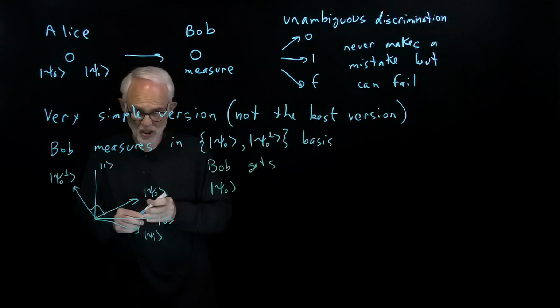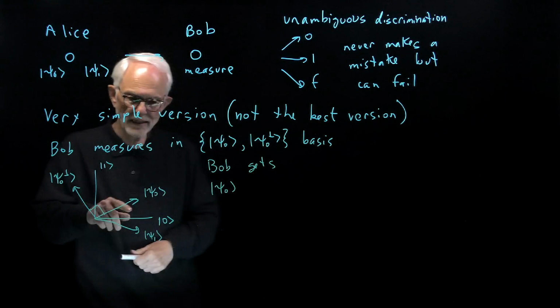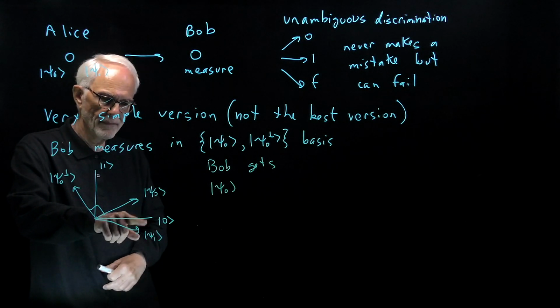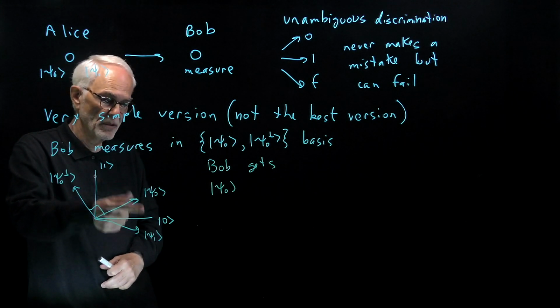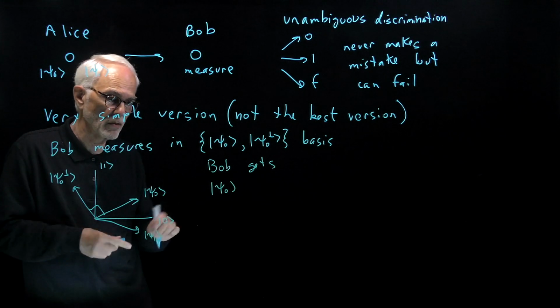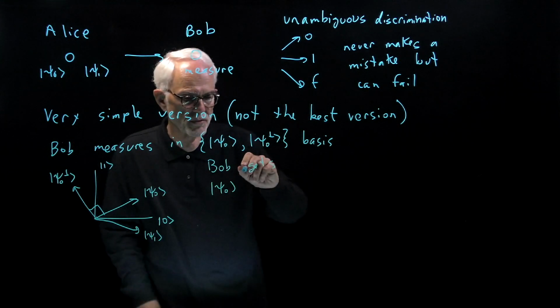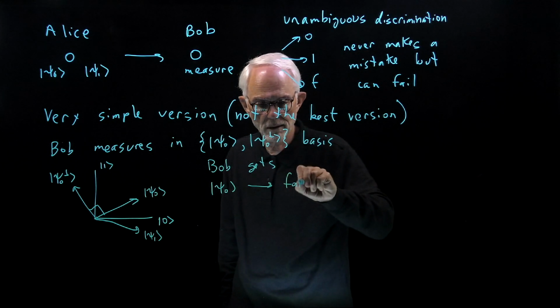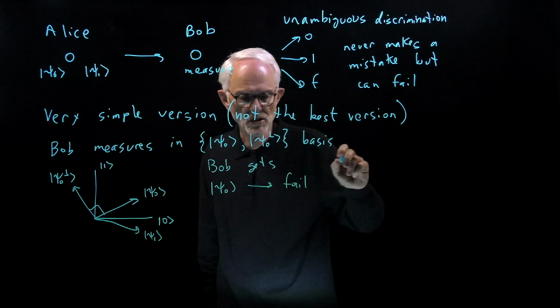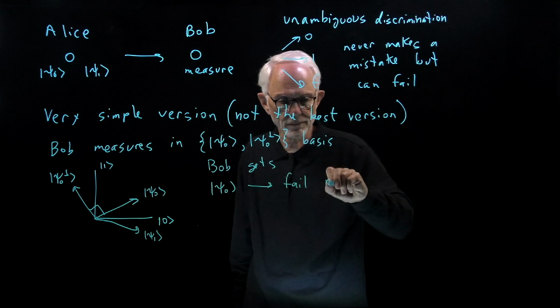Basically not much, because clearly psi0 has overlap with psi0, but so does psi1, because they're not orthogonal. So this would be a fail, because this gives me no information.